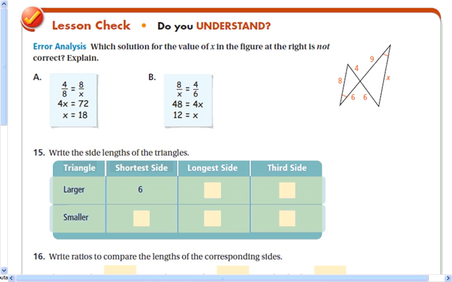All right, lesson check. What is wrong with the way they did this? You should put in the numbers like this.